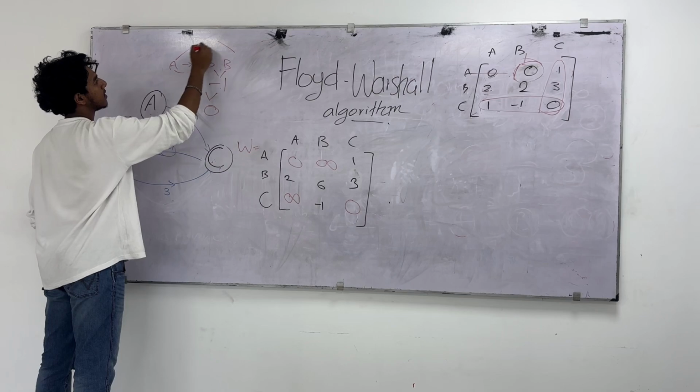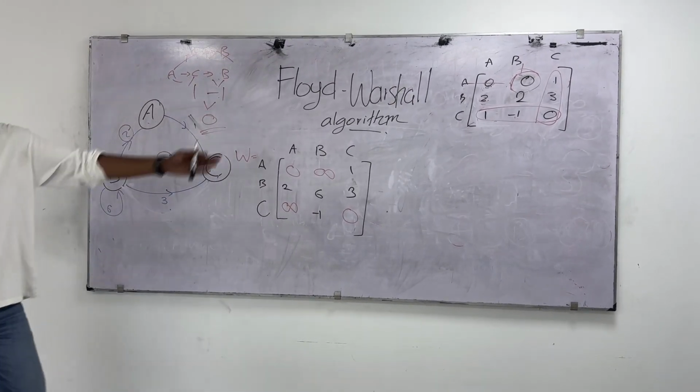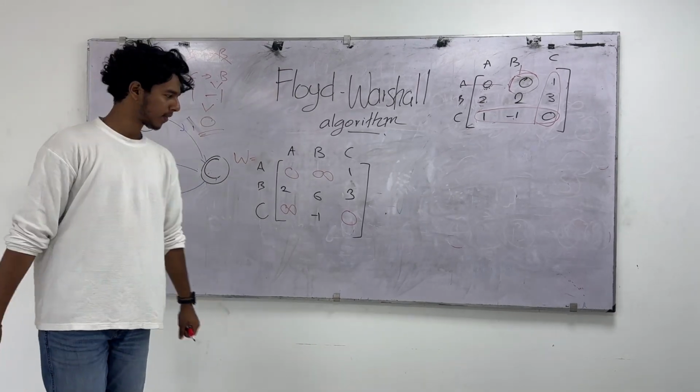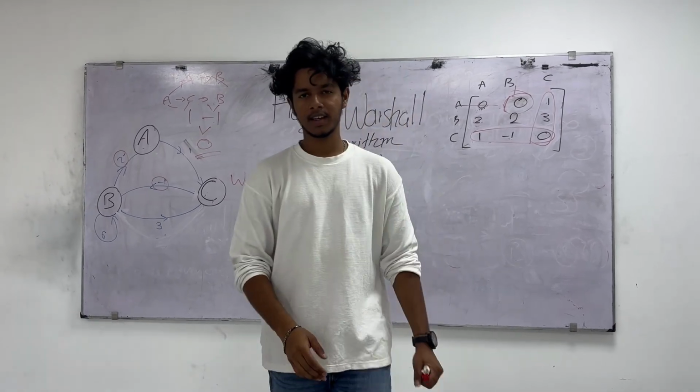And it ultimately says that from A to B is 0. As you can see, the value is 0. Now that's how the algorithm works. Let's move on.